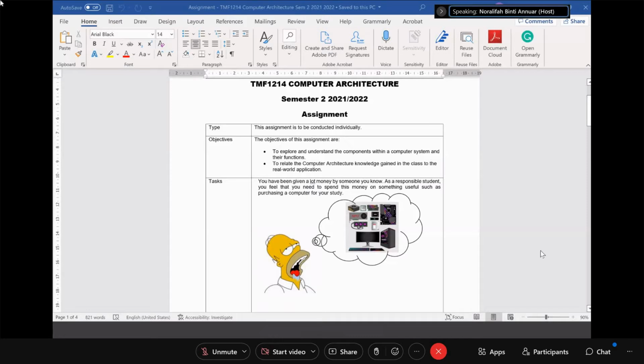Anyway, I've uploaded it to eLib, so you can refer to it there. It's conducted individually. The objective is to explore and understand the components within a computer system and their function, and to relate the computer knowledge gained in the class to real world applications.